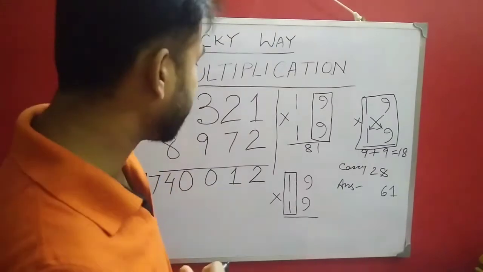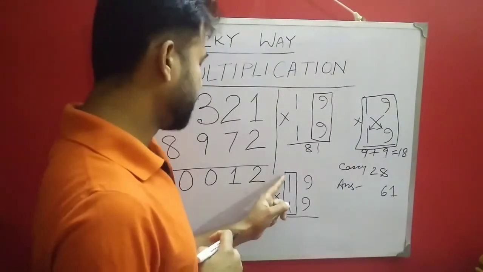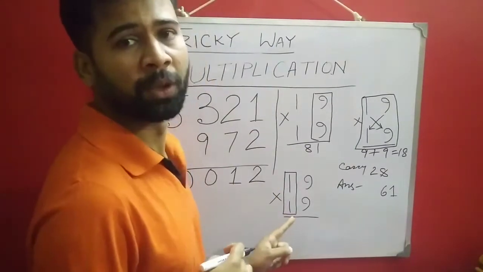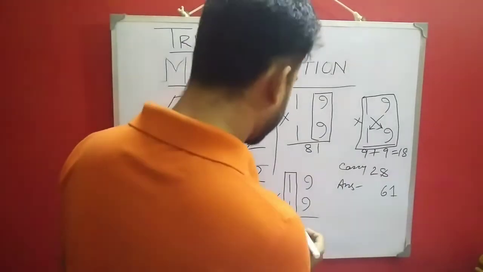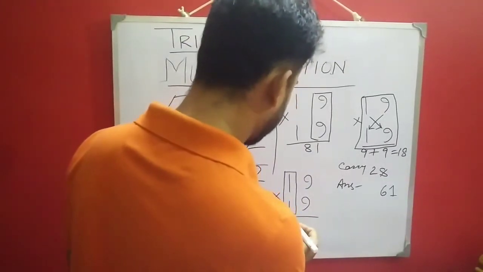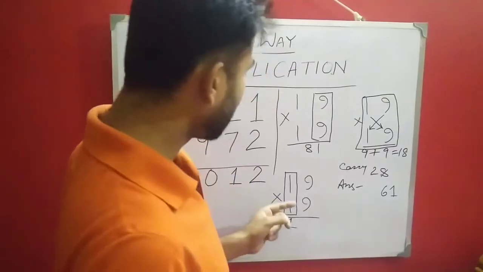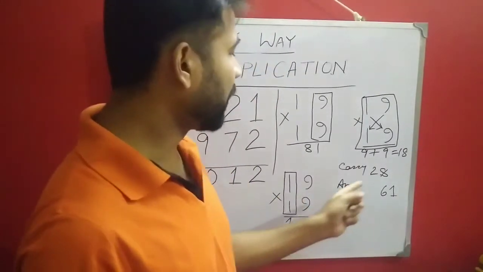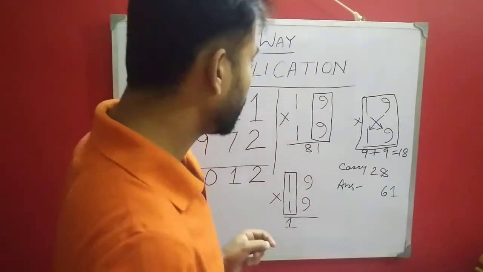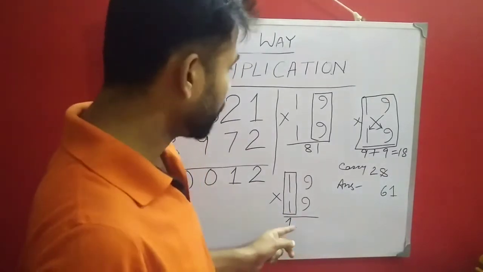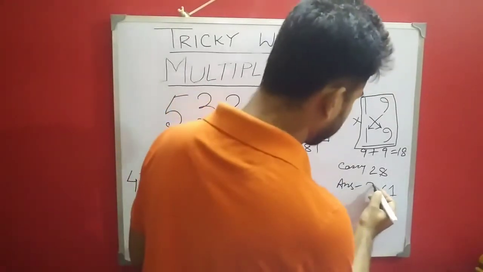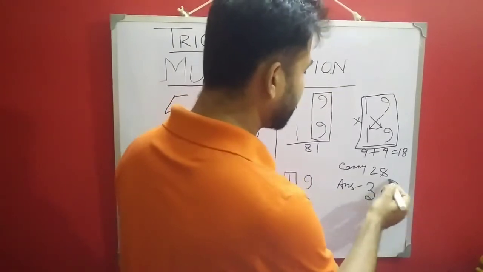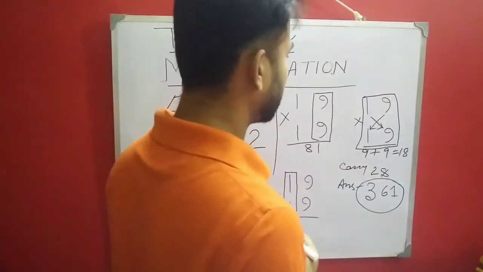Now multiply 1 into 1. 1 into 1 means 1. And we already have carry 2. So 2 plus 1 equal to 3. So the answer is 361.